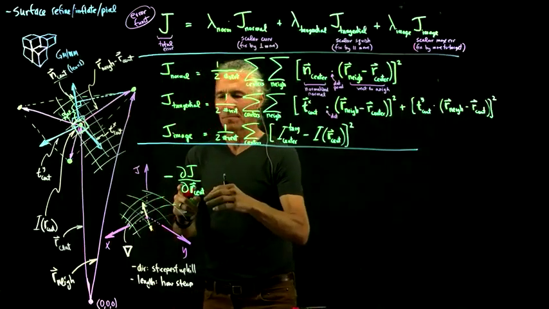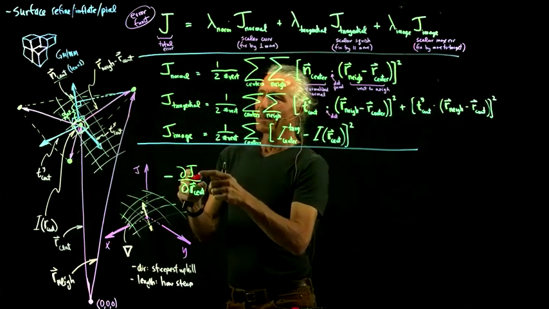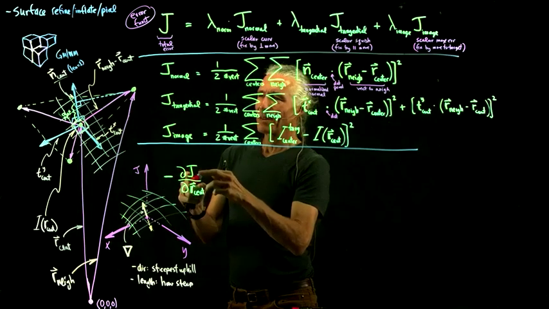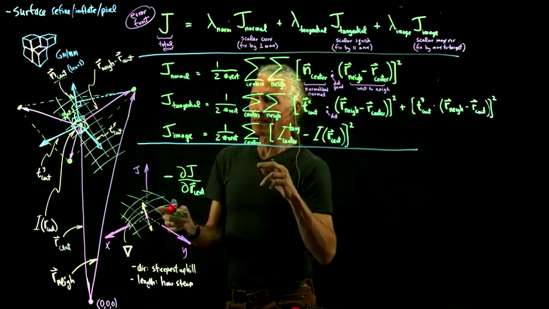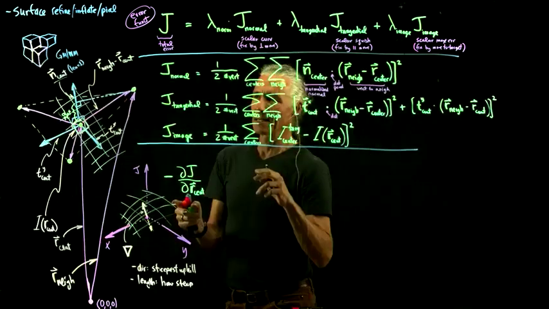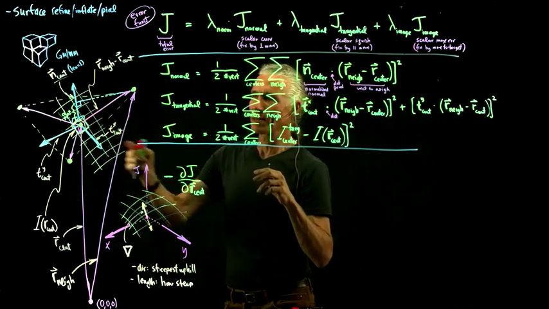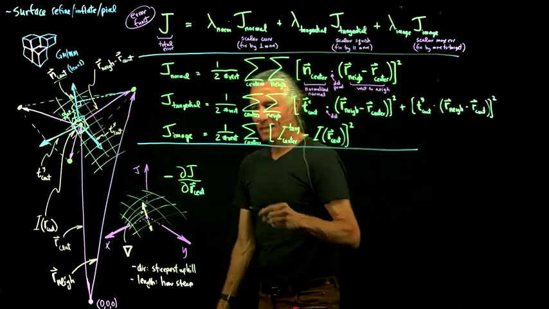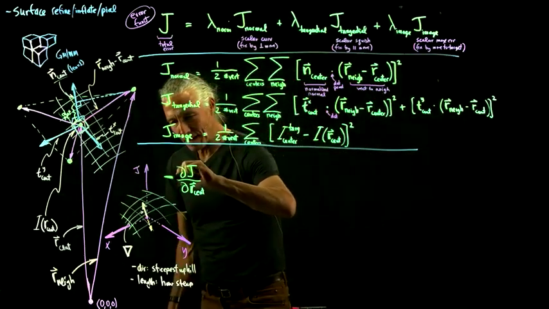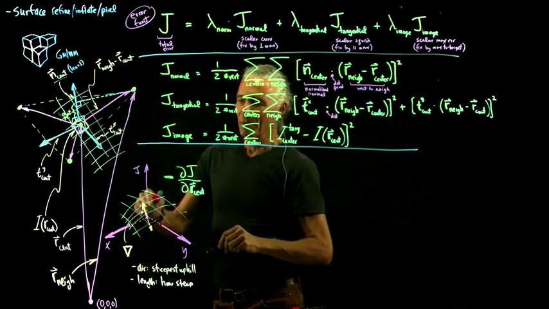So let's find out the directional derivative with respect to moving just the center point while leaving the surrounding points fixed, and the normal fixed, and the local coordinate system fixed. And basically take the negative of that, because that means we're doing gradient descent, because we want to reduce this error.